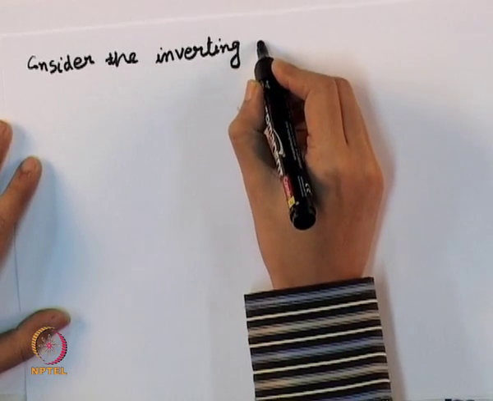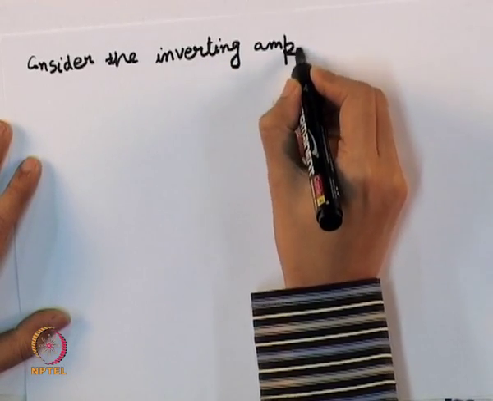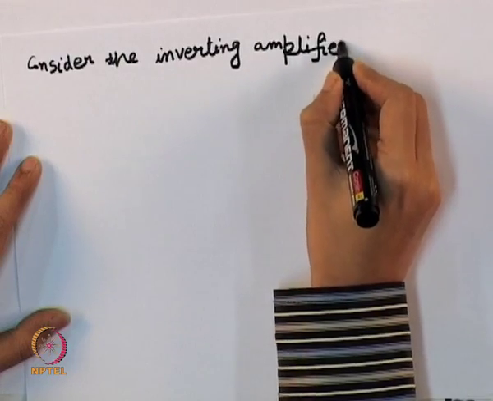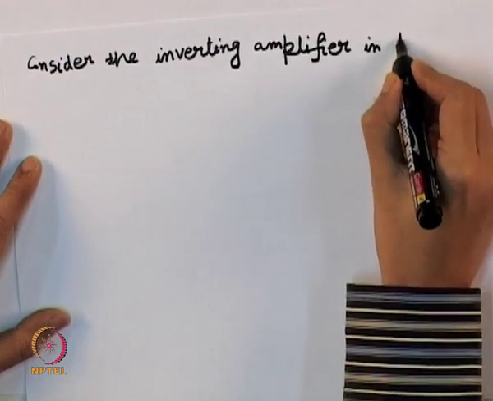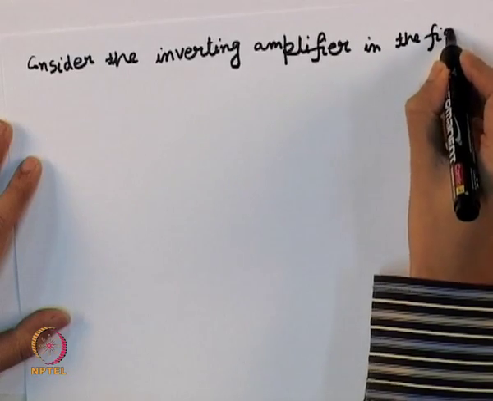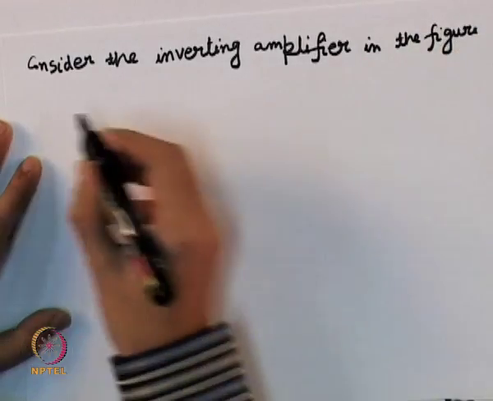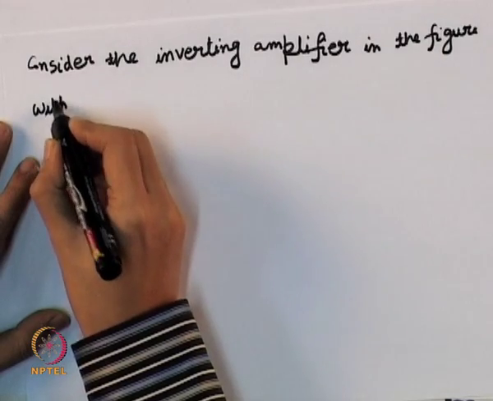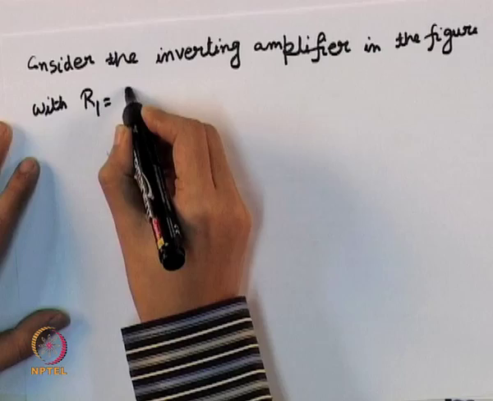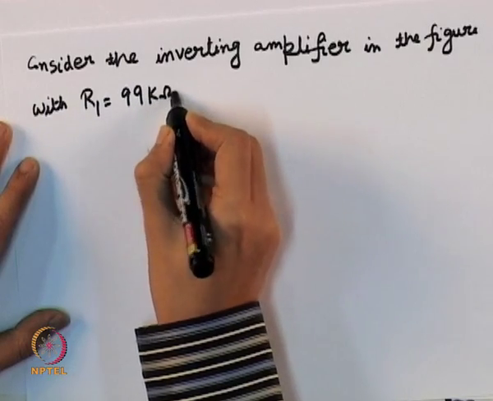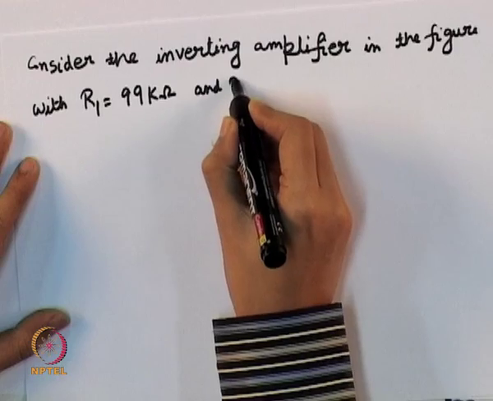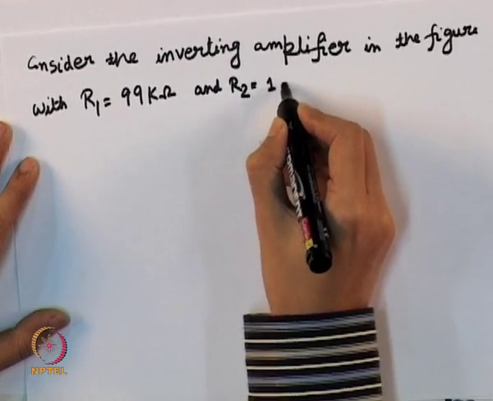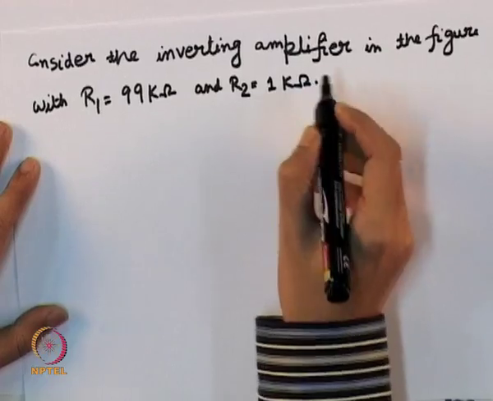Consider the inverting amplifier in the figure with R1 equal to 99 kilo ohm and R2 equal to 1 kilo ohm.